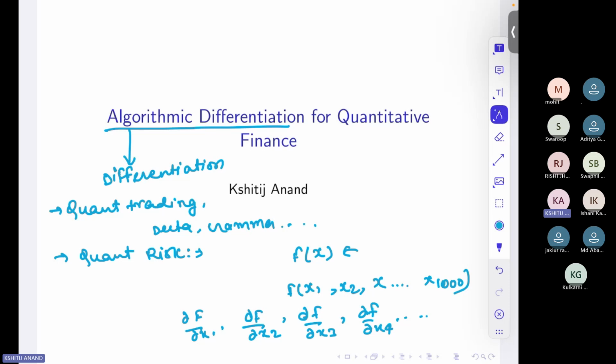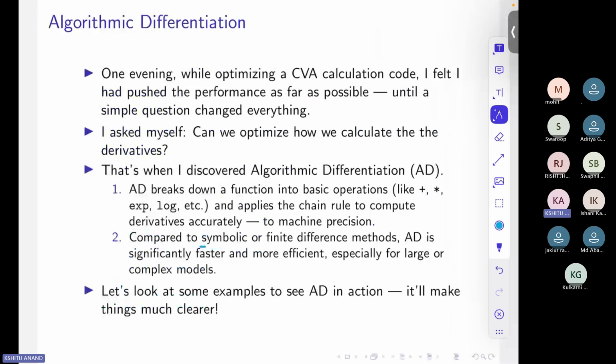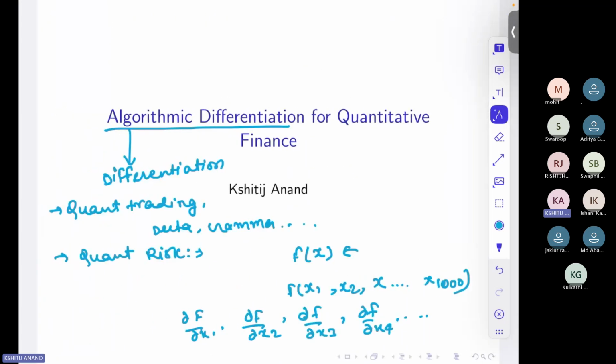So there are particularly two methods that I think you might be aware of. The first one is obviously symbolic differentiation. What is symbolic differentiation? Let us say f is sin x plus y.